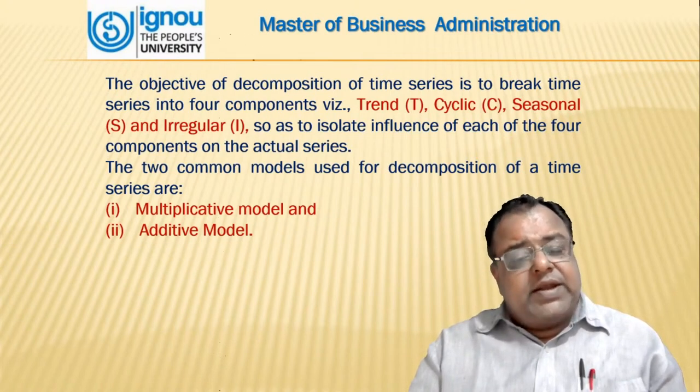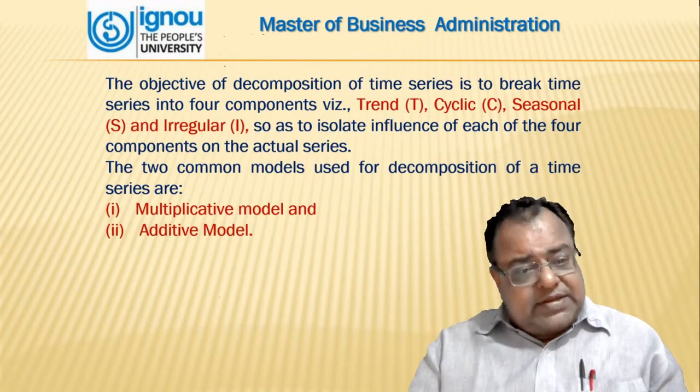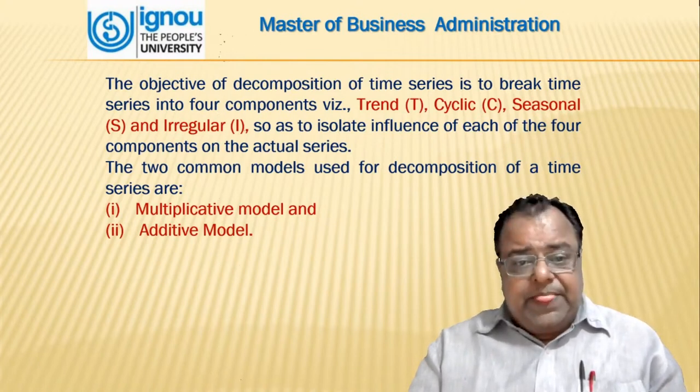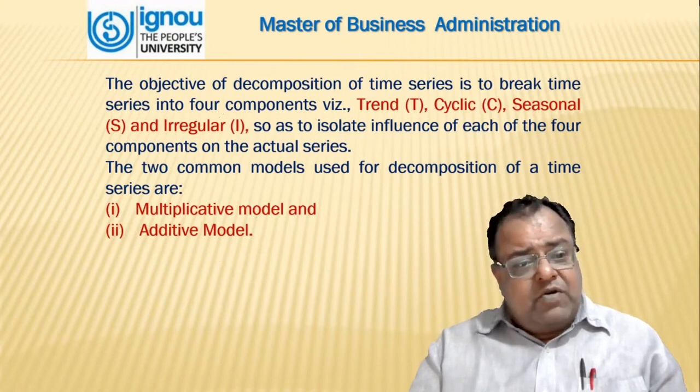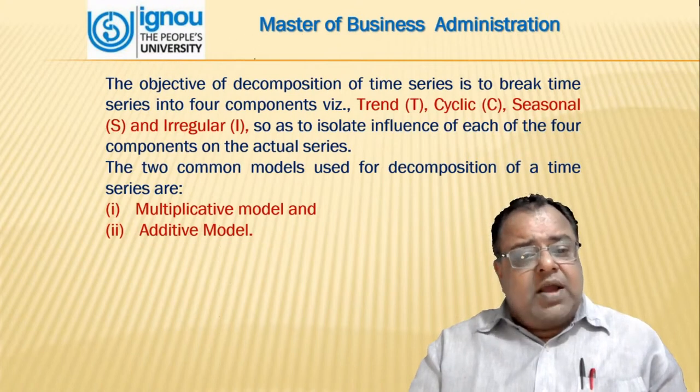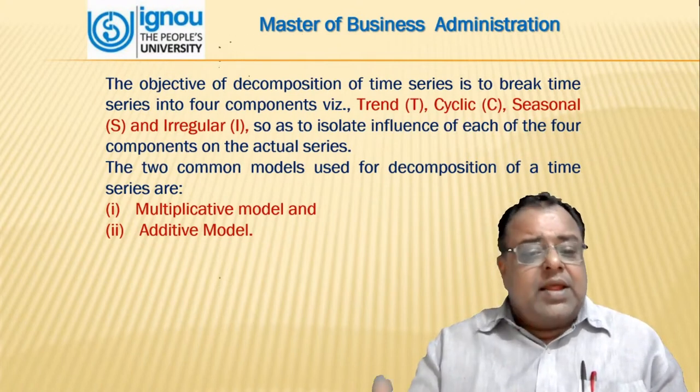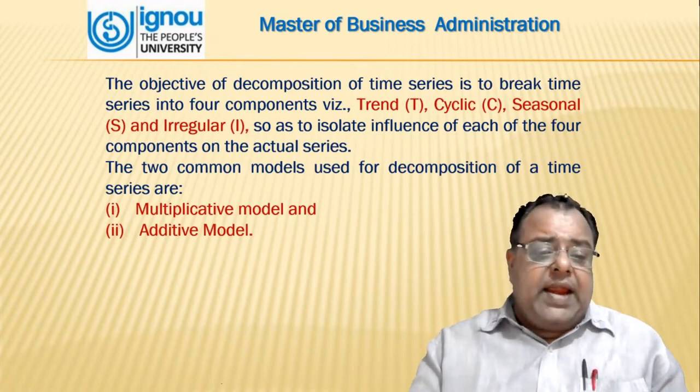Trend is denoted by T, cyclic by C, seasonal by S, and irregular by I, so as to isolate the influence of each of the four components of the actual series. The two common models used for decomposition of a time series are the multiplicative model and the additive model.